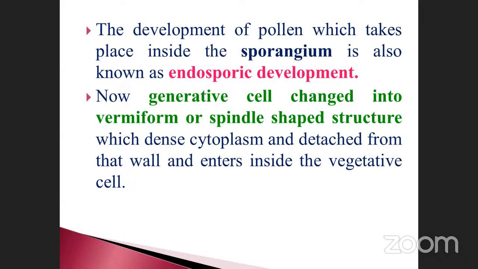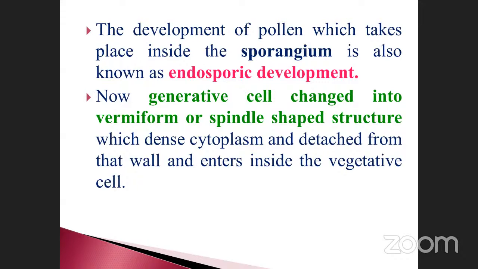Now, the generative cell changes into a vermiform or spindle-shaped structure with dense cytoplasm, detaches from the wall, and enters inside the vegetative cell. These are very important things.